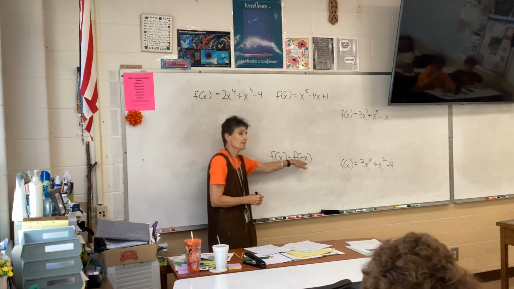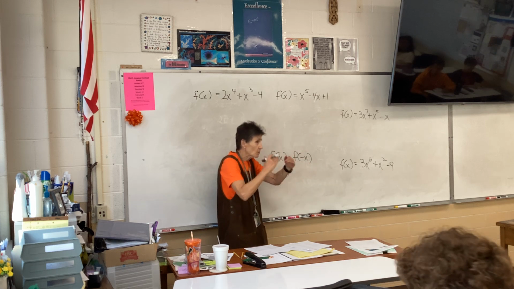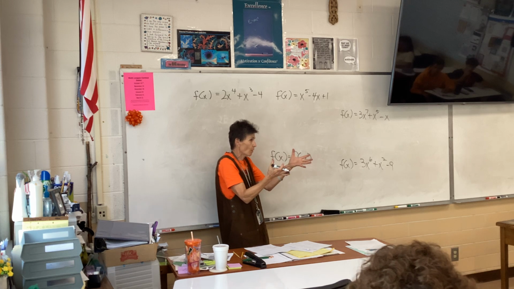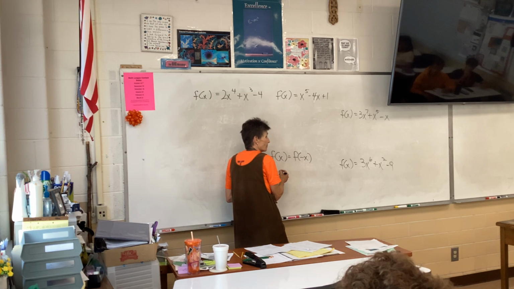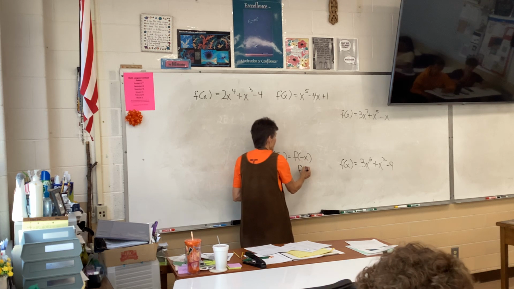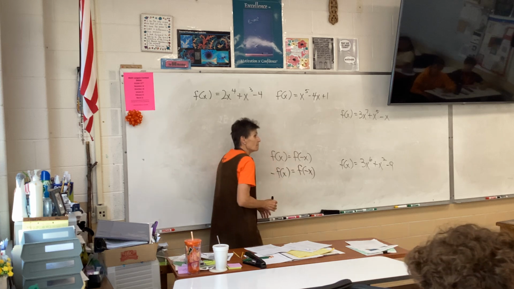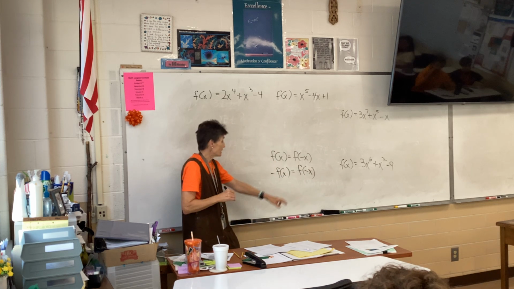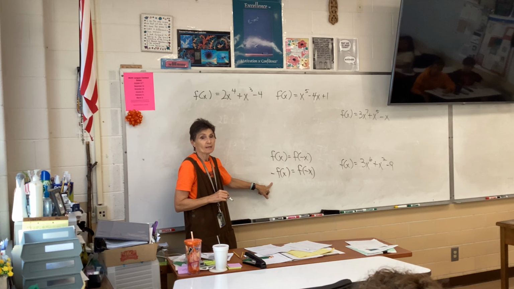So if you plug in a negative x, and the answer, after you go through all the steps, comes out to be the same as the original, you are even. What does it mean to be odd? If you put in your negative number, your output becomes the opposite. So changing the sign on the input is going to change the sign on the output.